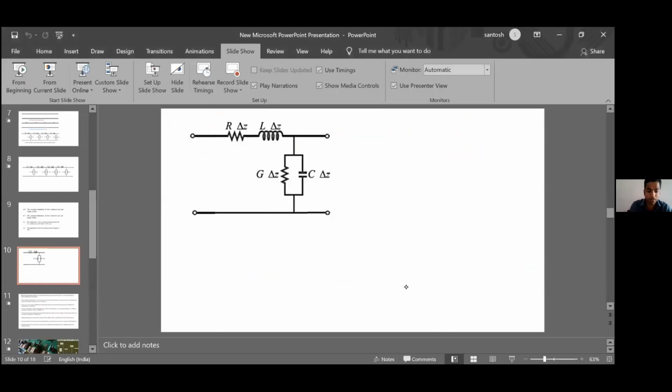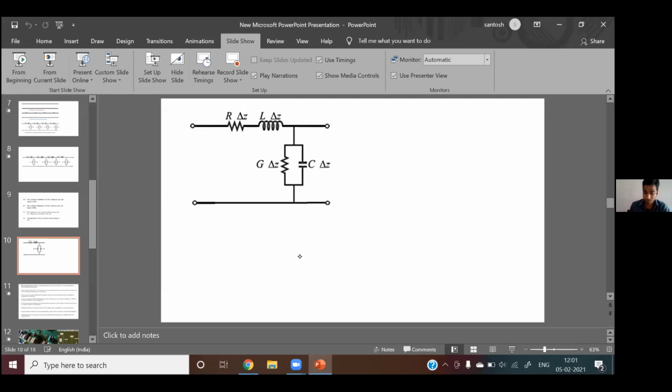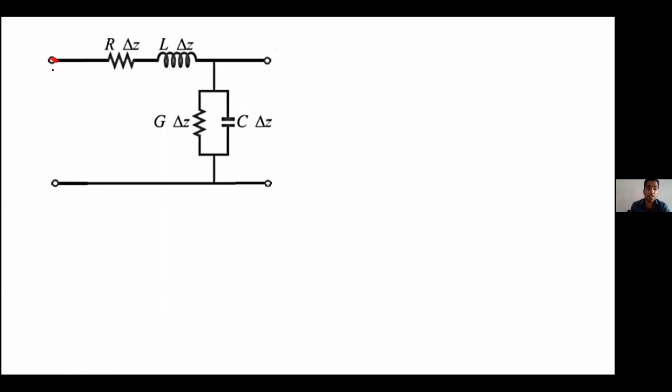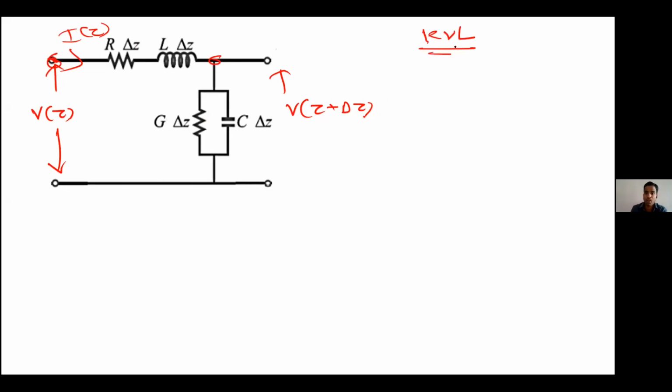No one is replying. I think I should repeat. Here the potential is V of Z. Here the potential is V of Z plus delta Z. And the current is I of Z. If I apply KVL, what will I get?